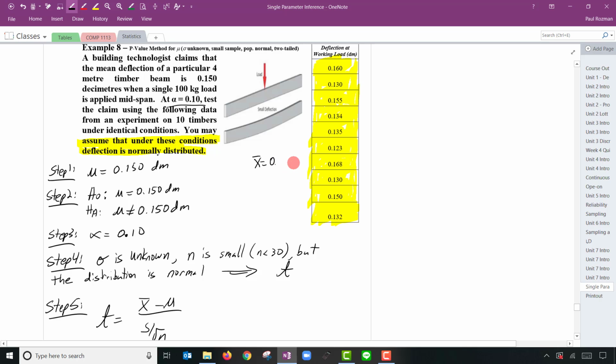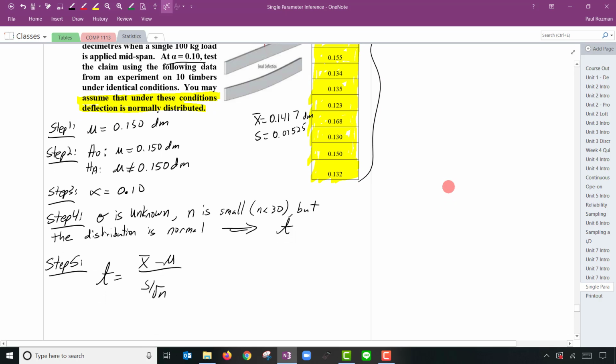Sorry, it's 0.1417. And my standard deviation turned out to be 0.01525 decimeters. So from this sample data, we have x bar and s. And now we can calculate this thing.